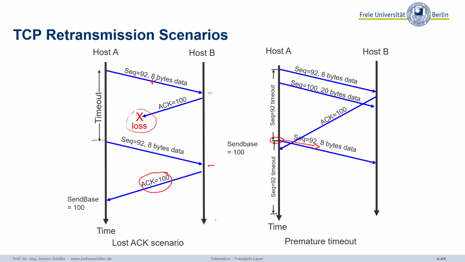I trigger a retransmission based on this timeout, starting my timer again and waiting. But as I get the acknowledgement and also the next acknowledgement, everything is fine. I don't care about this timeout anymore because I already have an acknowledgement, even for more.